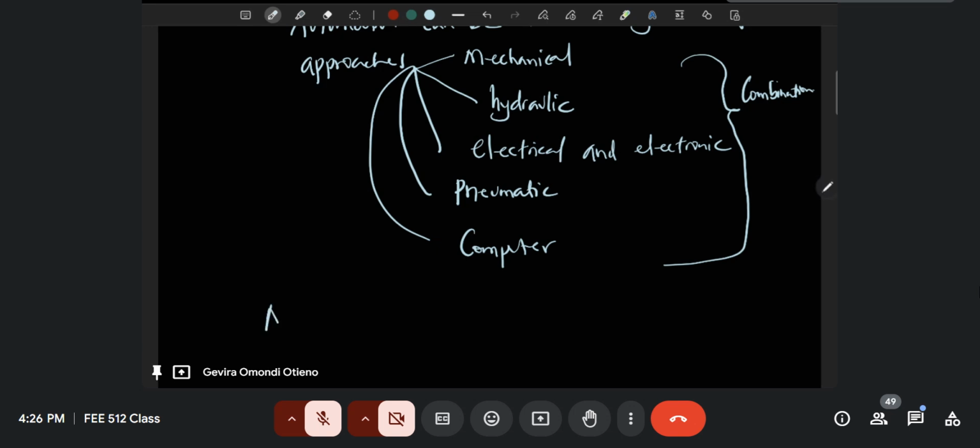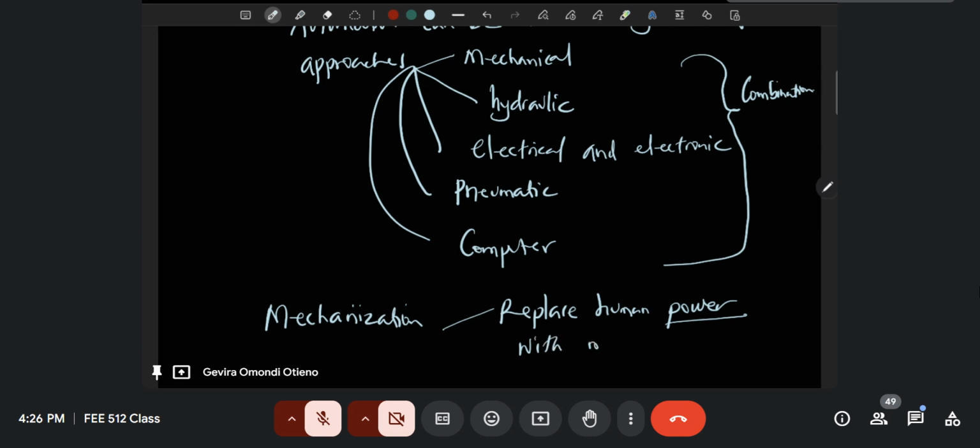So mechanization is basically to replace human power with machine power. This is not automation at all. It is simply replacing human power with machine power. Okay? It simply is displacing labor.